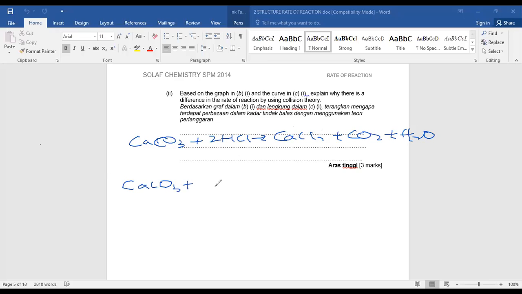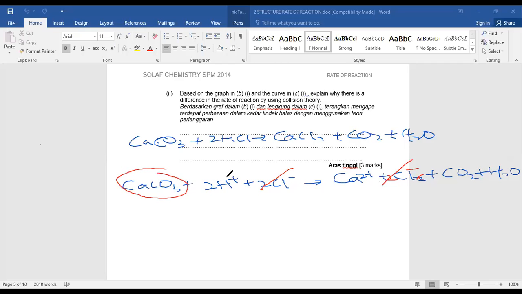This is a solution, so we separate it. Calcium chloride is a solution, so separate. The gas and the water molecule, we write as they are. Now, what is the same on the left and right? They are the chloride ions, so we cancel them off. Now, what is left will be this. Okay, this is the ionic equation.